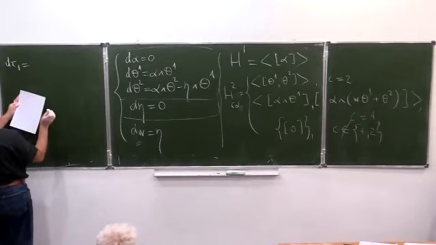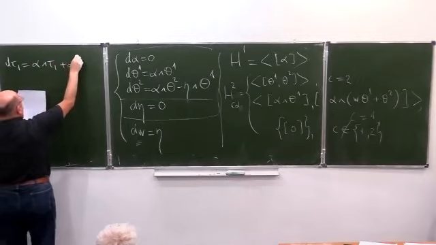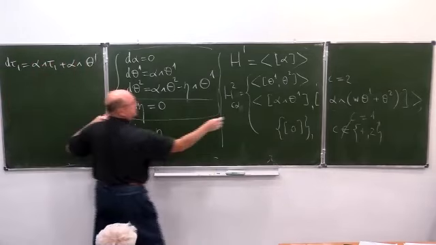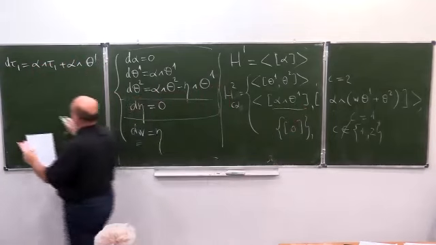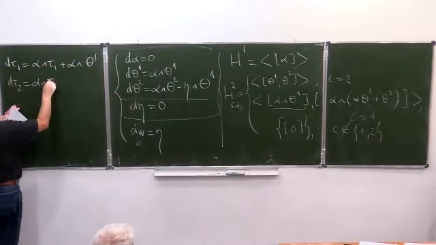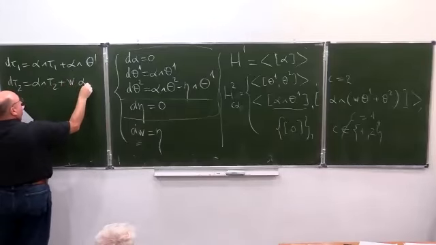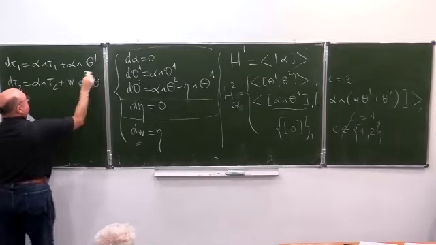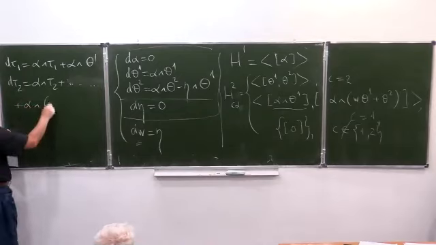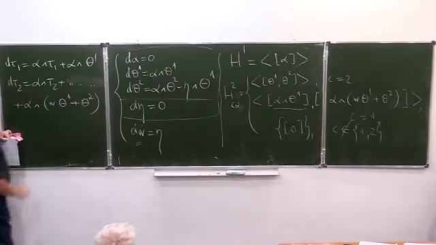Alpha lambda plus alpha theta 1. This corresponds to this cycle. D tau 2 equals alpha tau 2 plus W alpha plus alpha multiplied by W theta 1 plus W theta 2.